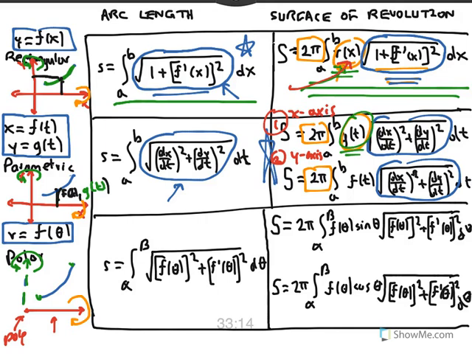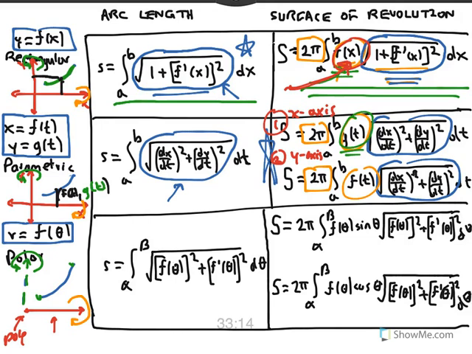And in the second formula, where the axis of revolution is the y-axis, why do we have f of t here? Because again, that is coming from r of x, from the integration formula for the surface area of a surface of revolution in rectangular form. And that r of x factor gave us the distance from the axis of revolution to a point on the curve.